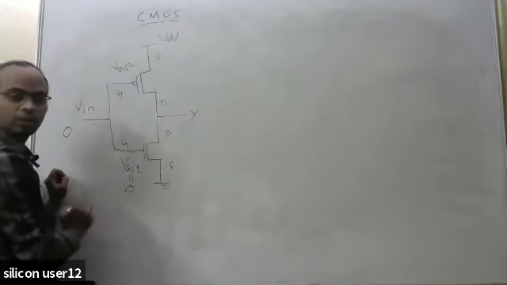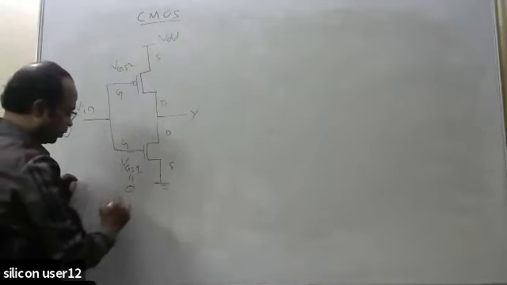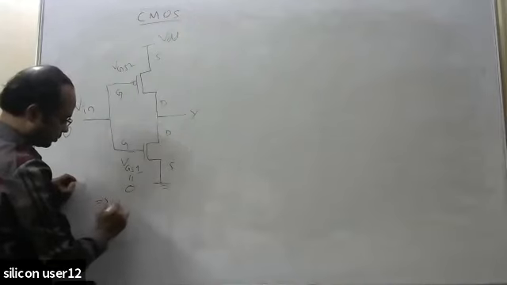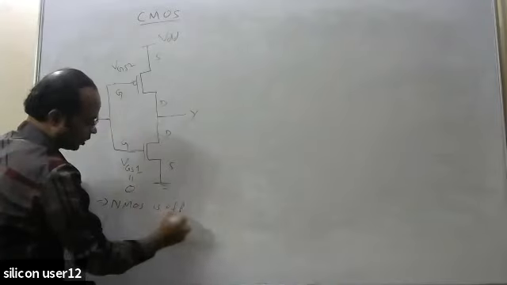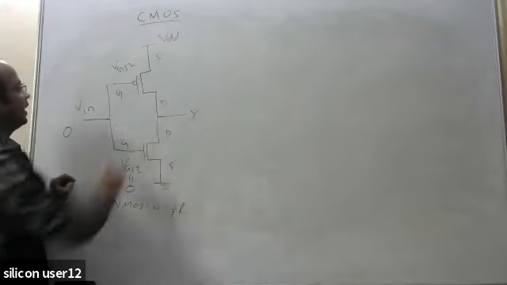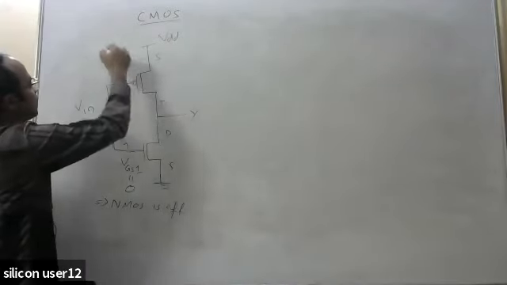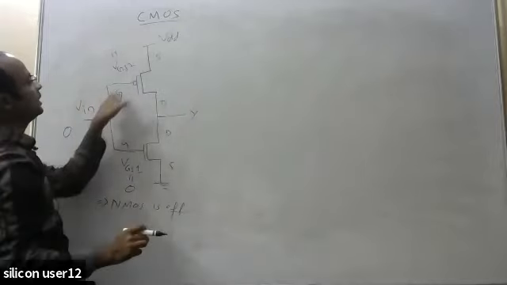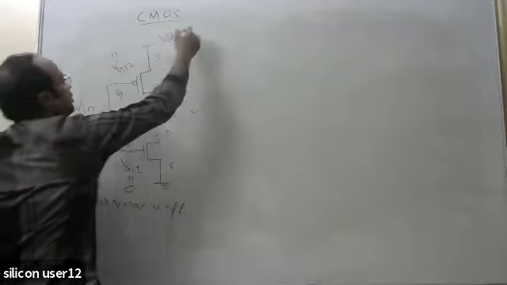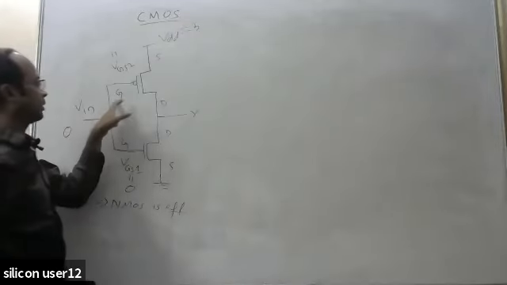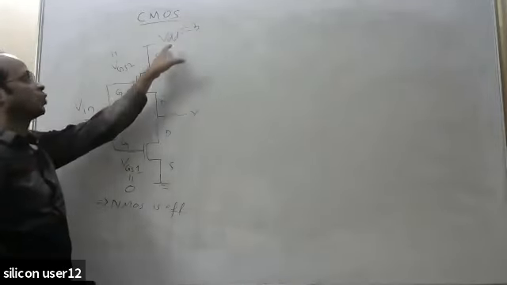So VGS1 equal to 0. So this NMOS is off. And here VGS2, the gate is 0, the source is at, let us say my VDD I am considering 5 volt. So gate is 0 and source is at 5 volt.